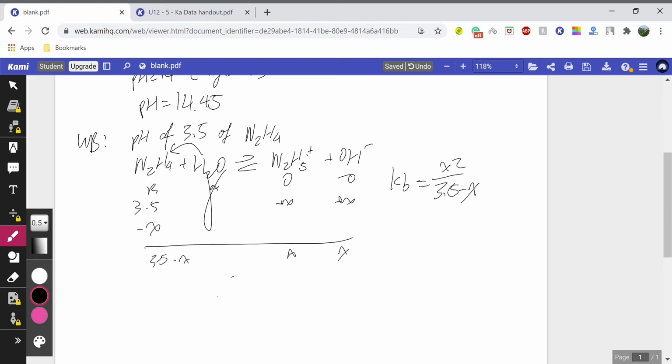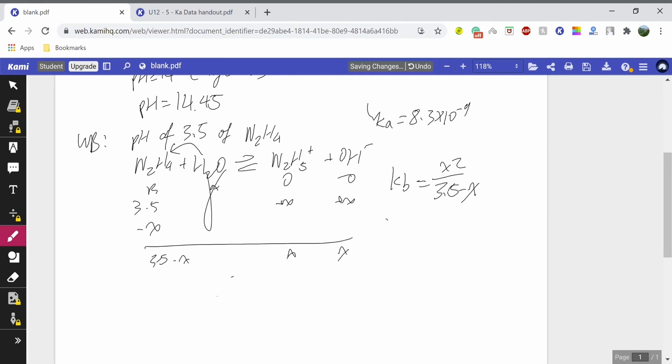N2H4's conjugate acid is N2H5 plus, and N2H5 plus's Ka is given at 8.3 times 10 to the negative 9th power. Now, Ka times Kb is equal to 1.0 times 10 to the negative 14th power. So now we have Ka, we can simply divide both sides by Ka to cancel it out and get our Kb.